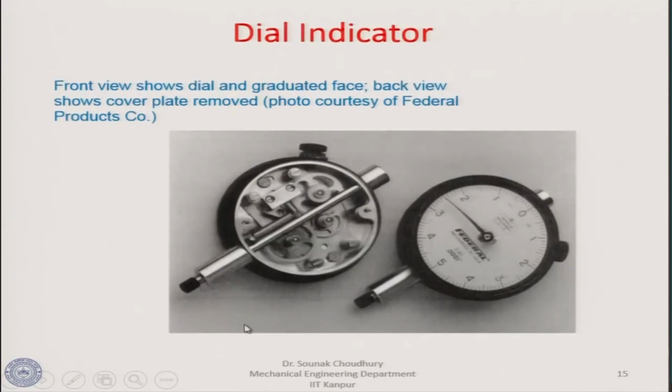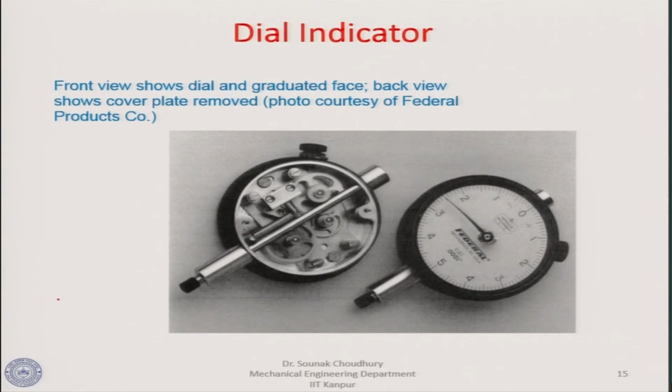Here is the dial indicator, this is the probe, and this probe is connected to the gear train, and those gear trains are extremely sensitive. So, as the probe goes up and down depending on the undulations, this will be highly magnified by the gear train which is here, and then accordingly the indicator will show you the deviation, or the discrepancies.